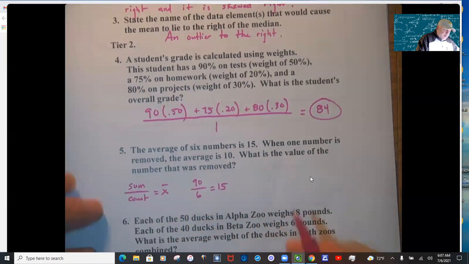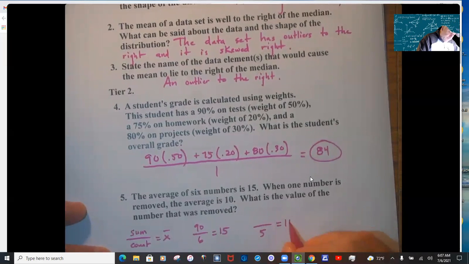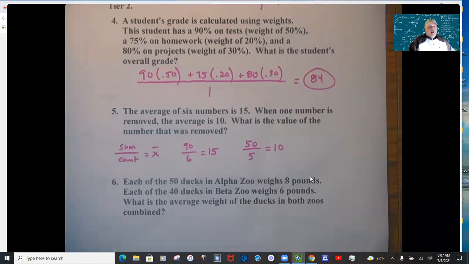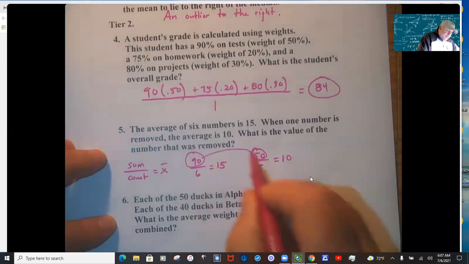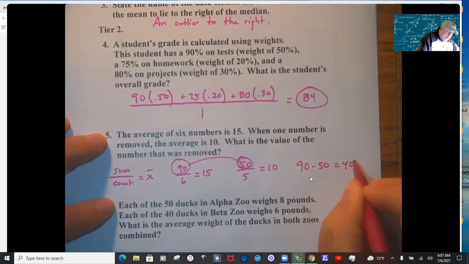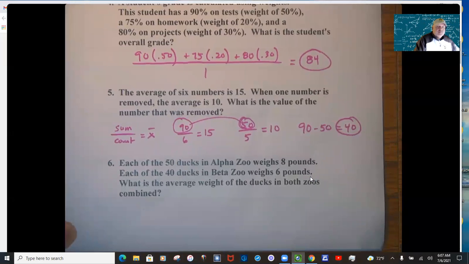When 1 number is removed, so we're down to 5 numbers, the average is 10, so that sum must have been 50. You need to figure out the sum over the count for both of these. The value of the number that was removed is the difference between the 2 sums, 90 minus 50. So we must have removed 40 to make that sum drop to 50.